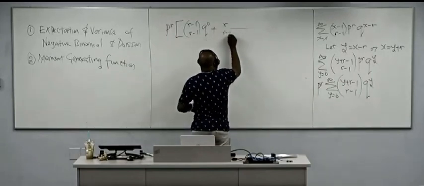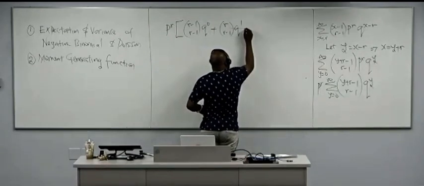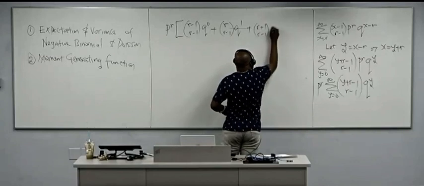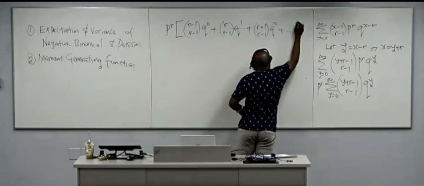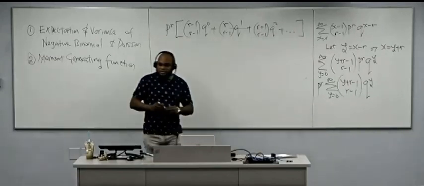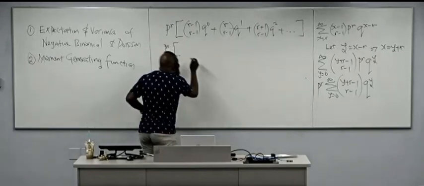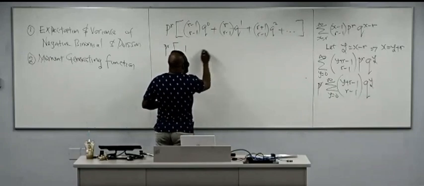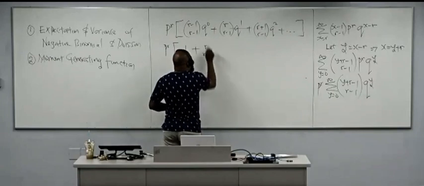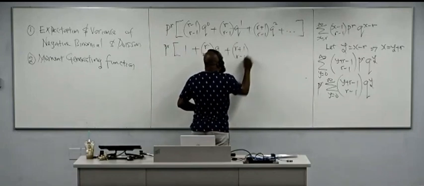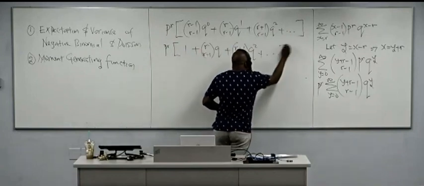I'm actually going to have this guy, and I'm going to have this guy, and it's going to continue all the way to infinity. So here I'm actually going to have, this is like a 1. We take a look at this guy plus this guy.